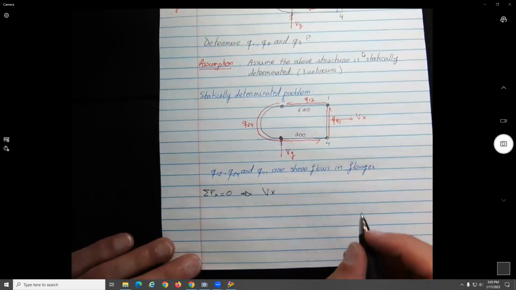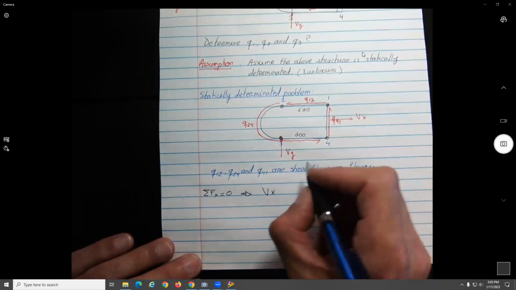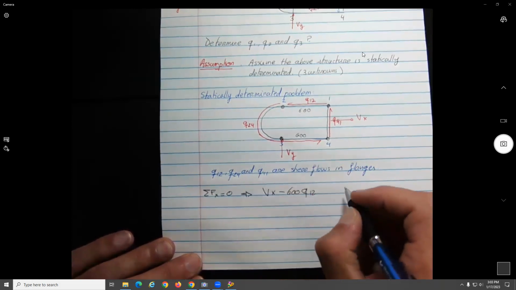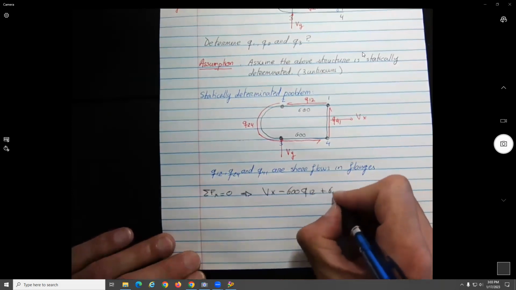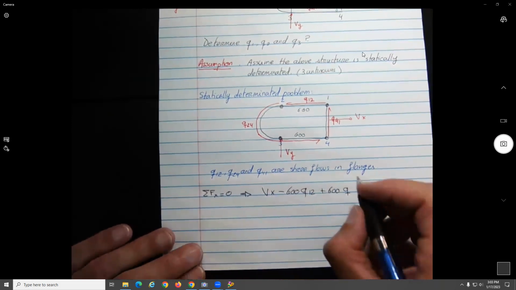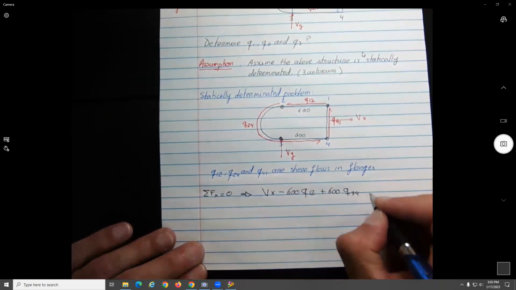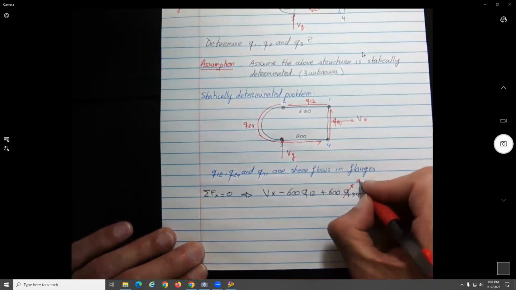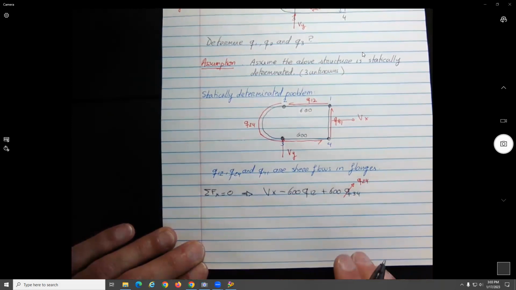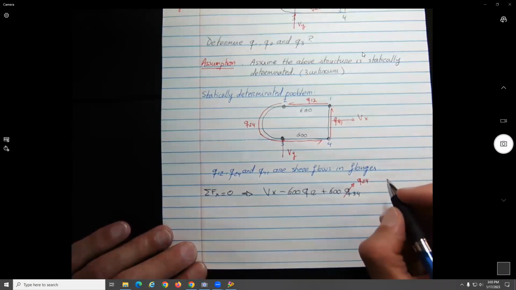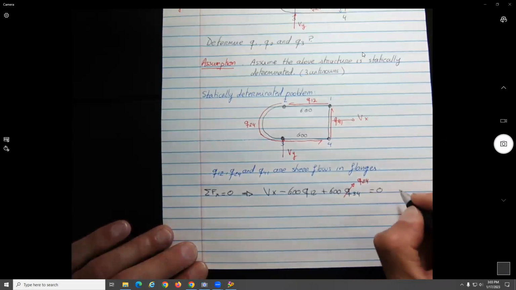So we have Vx is going to the right, minus 600 Q12 plus 600, you want to be here, should be Q, I mean, we can say Q34 if you want here, but you know that Q34 is the same as Q24, no, in our assumption. Okay? And this should be equal to 0.